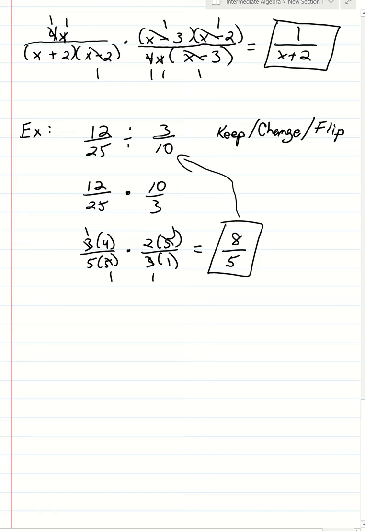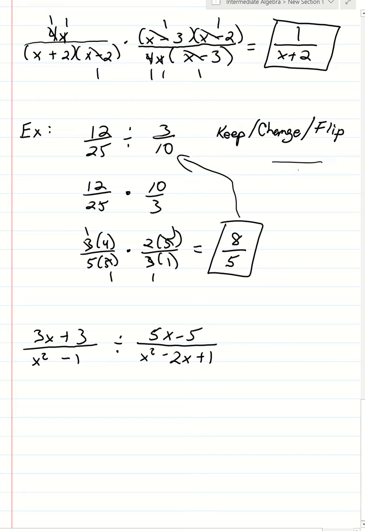For example, let's take 3x plus 3 over x squared minus 1, and we're going to divide that by 5x minus 5 over x squared minus 2x plus 1. Well, before we do any type of factoring, once again, we don't want to forget that we have to do this keep, change, flip.